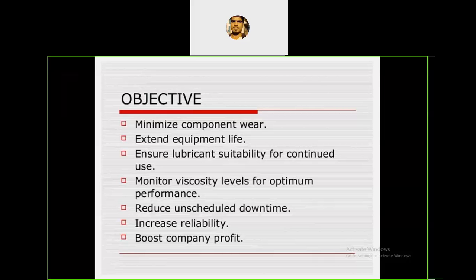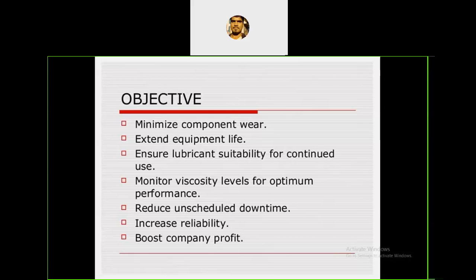If the viscosity reduces, what happens? These wears will take place. If the viscosity increases or stays the same, we can prevent those types of wear. That's why this debris analysis also provides the viscosity level for optimum performance.